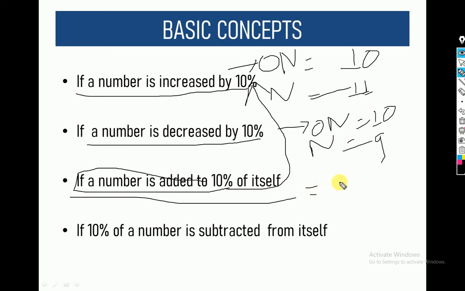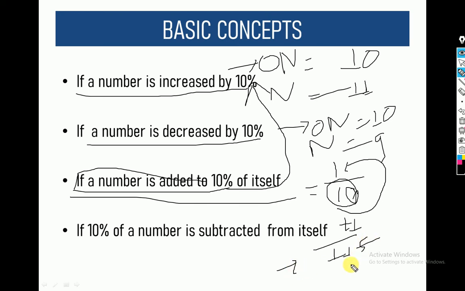If a number is added to 10% of itself, we know that the fractional value of 10% is 1 by 10. So let that number be 10, and 10% of 10 is 1. So if 1 is added to 10, then we get 11. So this is the new number, and the original one is 10.